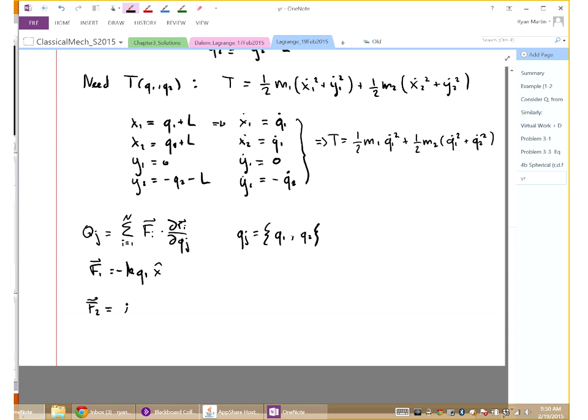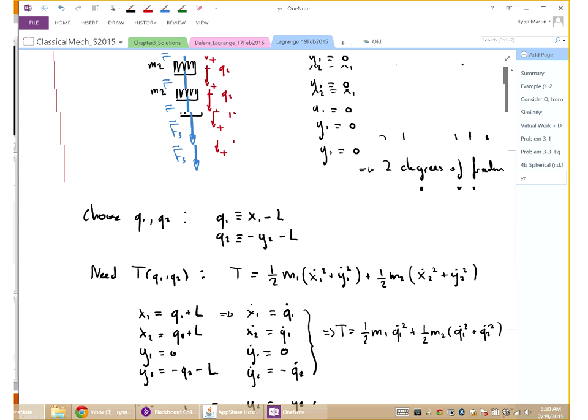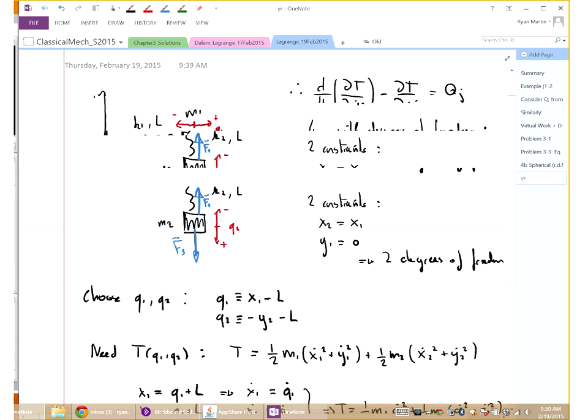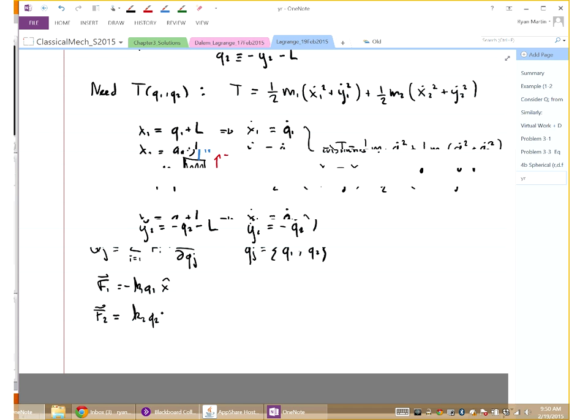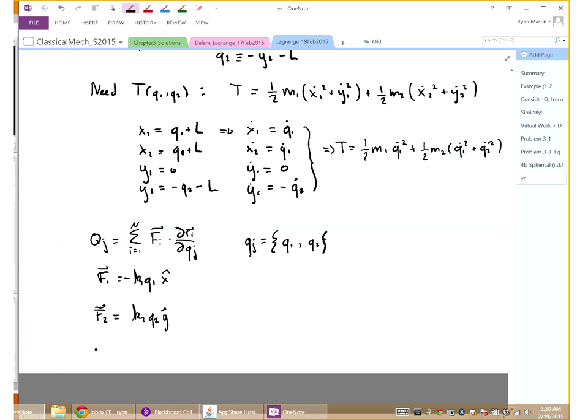F2 is, in magnitude, oh sorry, that's K1 Q1 for F1, right, because they're different Ks. So in magnitude, F2 is K2 Q2. And if I look at my x and y axes, then F2 is in the positive y direction.